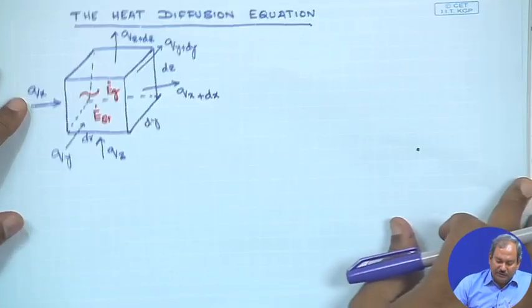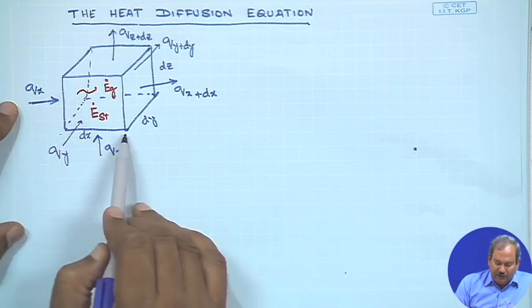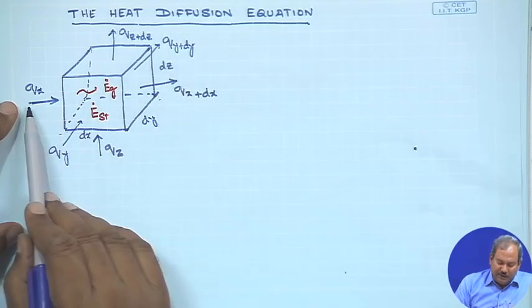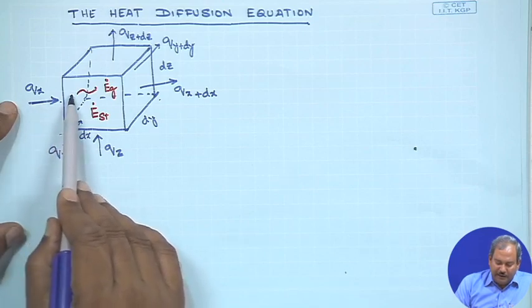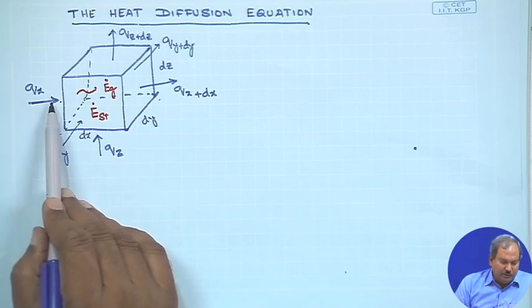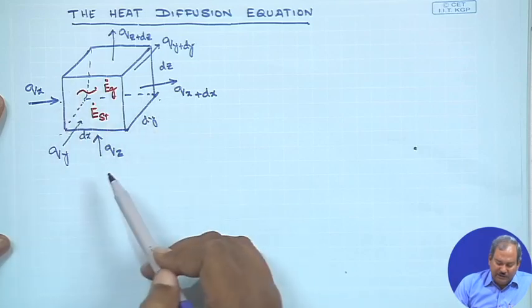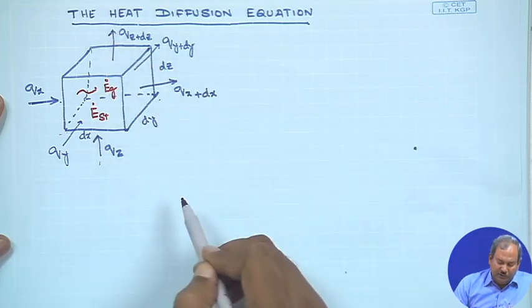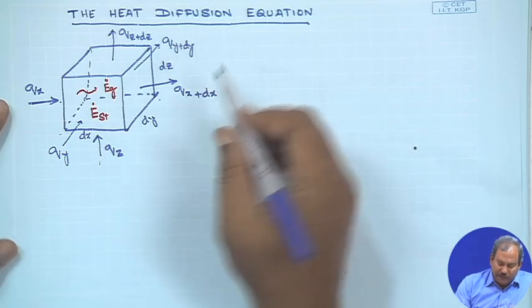The next part that we are going to do is the heat diffusion equation, which I am sure you have done before, but very quickly it tells me that if I have a control volume of size dx, dy and dz, and if we consider only conduction, let us say Qx is the amount of heat coming in through the x face, and Qx plus dx is going out, Qz is coming in through the z face, Qz plus dz is going out of the z face, Qy is coming in and Qy plus dy is going out.